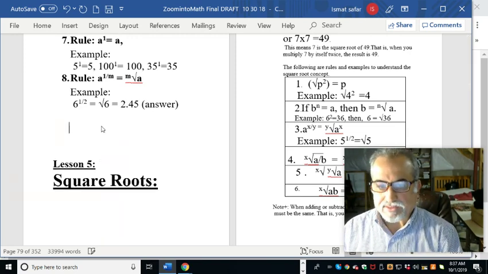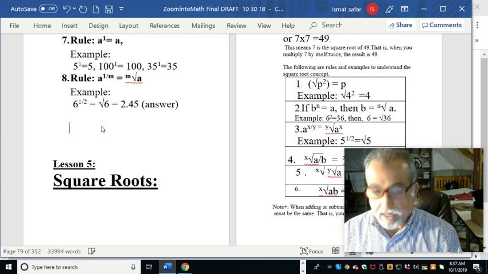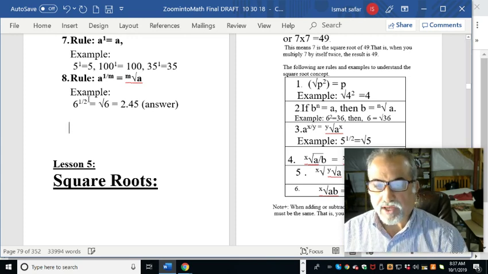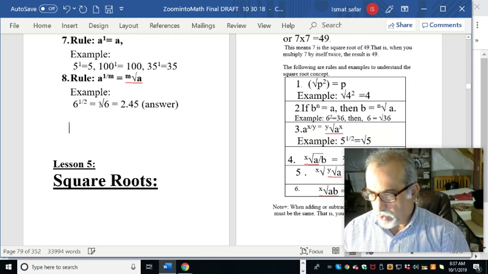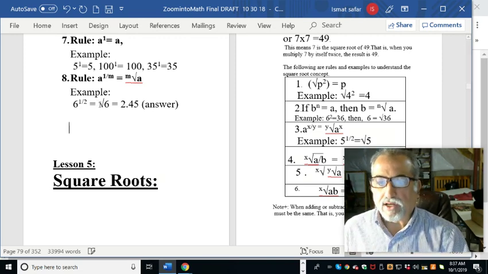So the rule is, 6 to the exponent half equals the square root of 6, because there is 2 here.